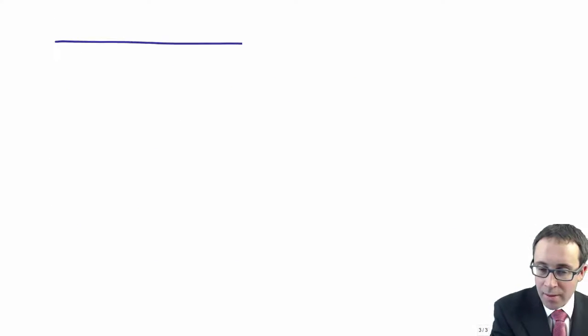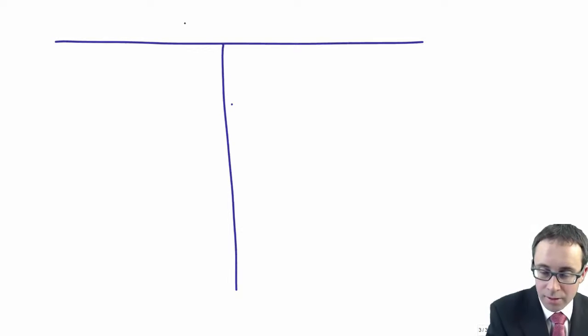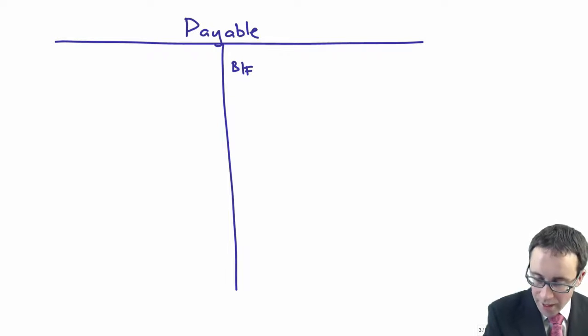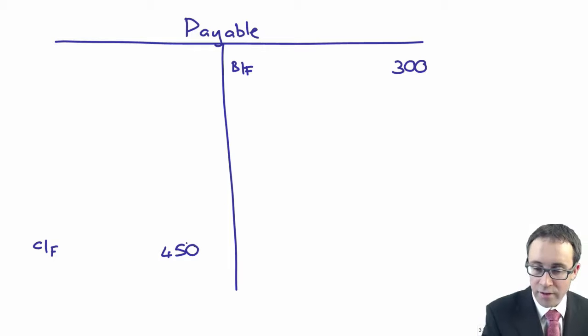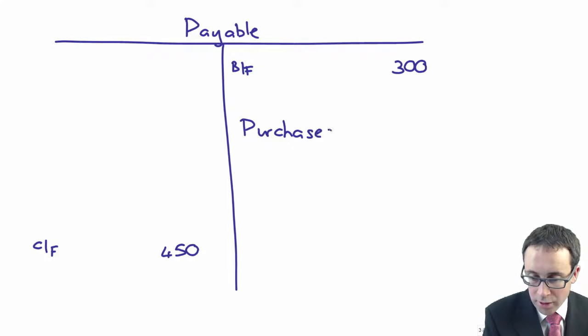If you then want the payable figure, the payable is a liability, isn't it? So we put on the credit side the opening liability, which I think was 300. The closing liability that you have is 450. Your purchases, you debit purchases, credit payables.